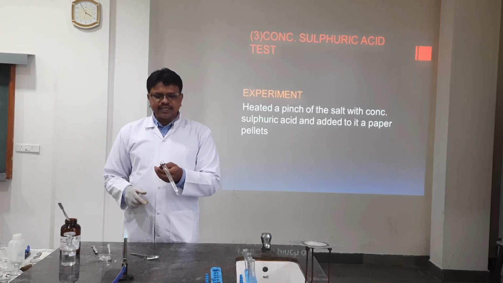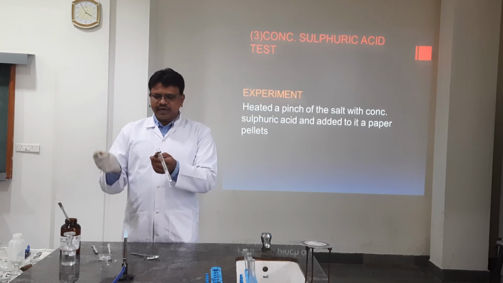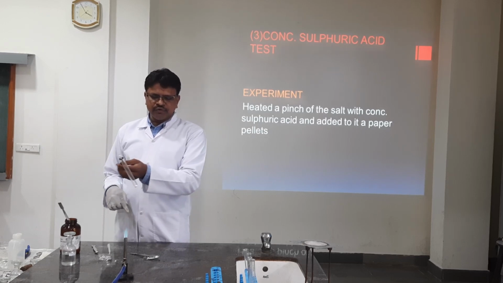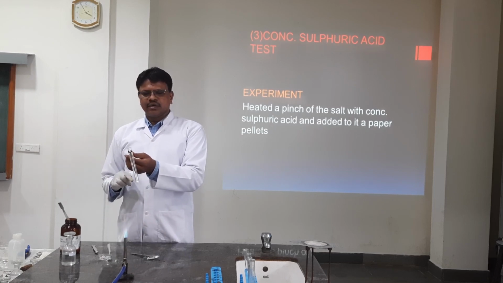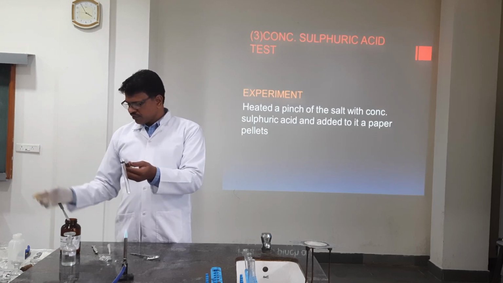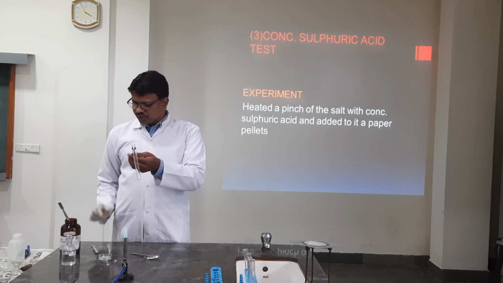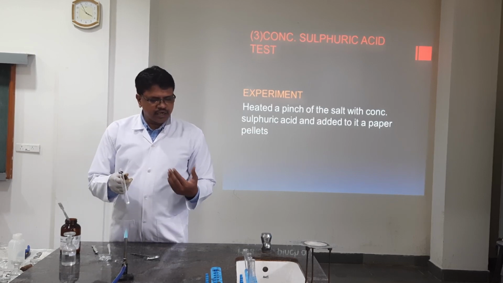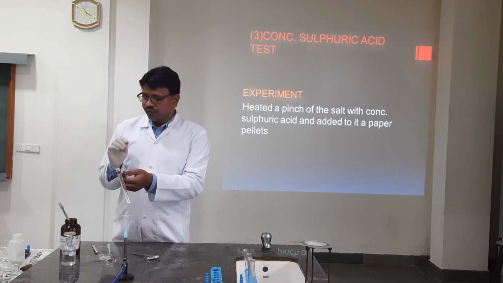Gases are going to come out from this test tube after adding conc. H2SO4 and when you go for heating, those gases are going to be passed into ferrous sulfate solution. Let us observe whether that ferrous sulfate solution changes or not. Based on that, we can conclude which ion may be present.